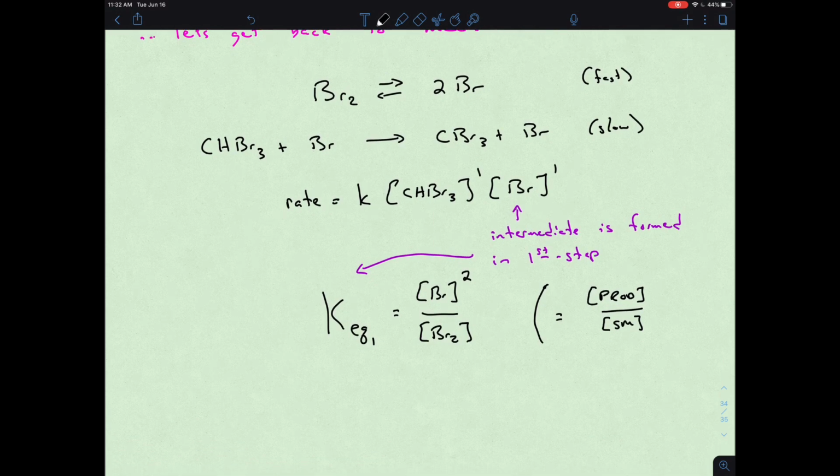So if I rearrange this expression, I can solve for this bromine atom concentration.